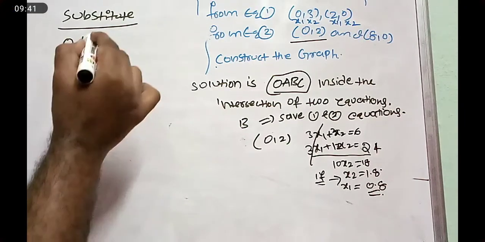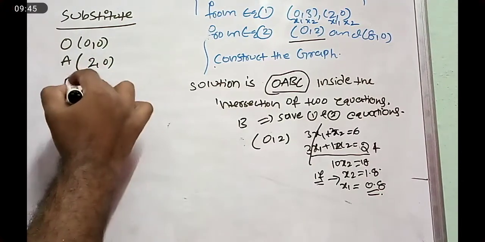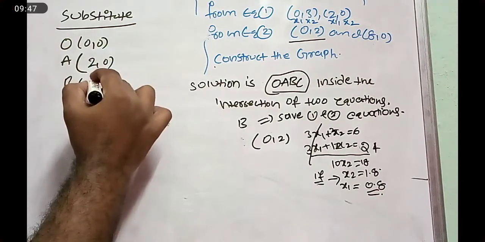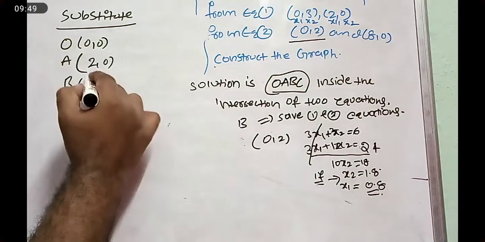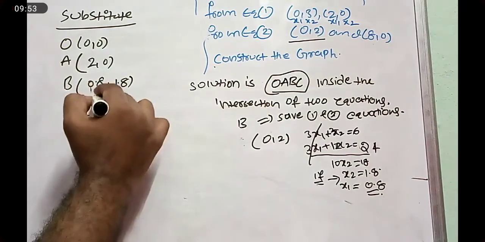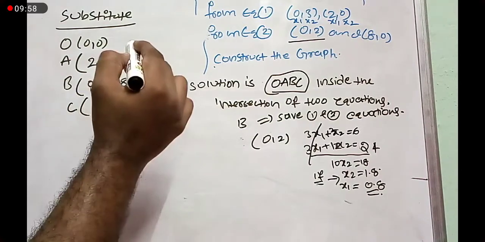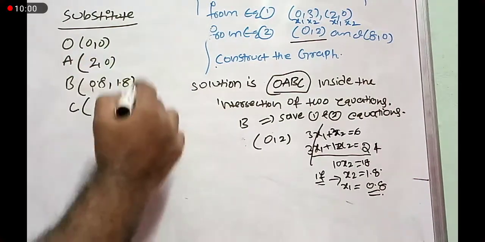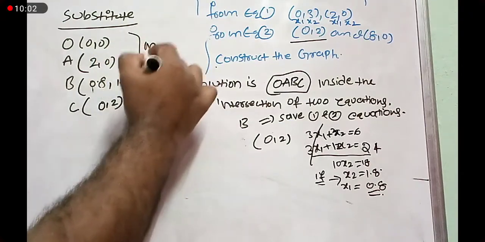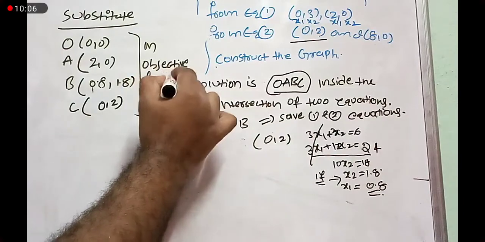So write all the values for O, A, B, and C here, and then substitute these values into the objective function. Since it is a maximization case, the highest value is the solution. If it is the minimization case, the lowest value will be the solution.